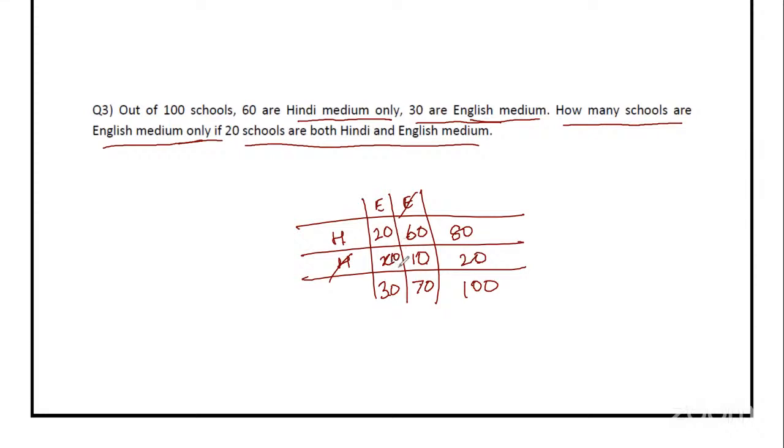And tally again, make sure everything works out. So your answer is 10 out here. How many schools are English medium only? 10. So I'm going to solve these questions using Venn diagrams. The idea being to understand grid methods.